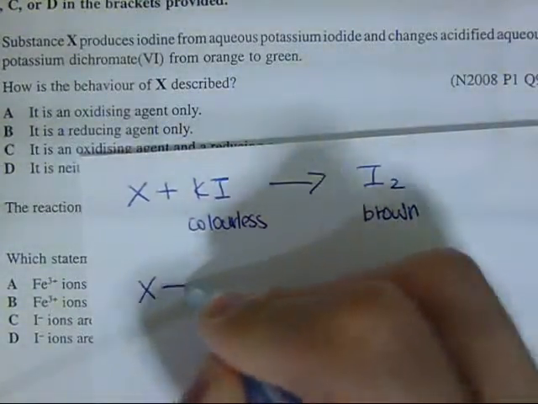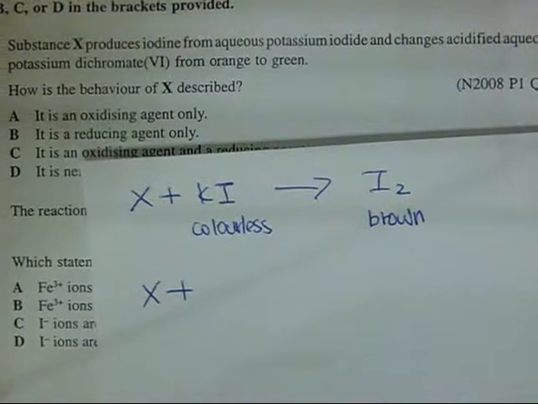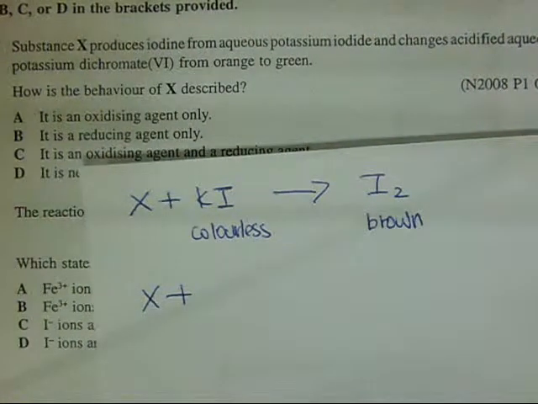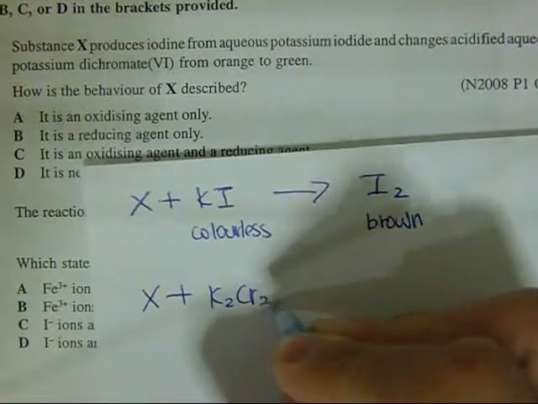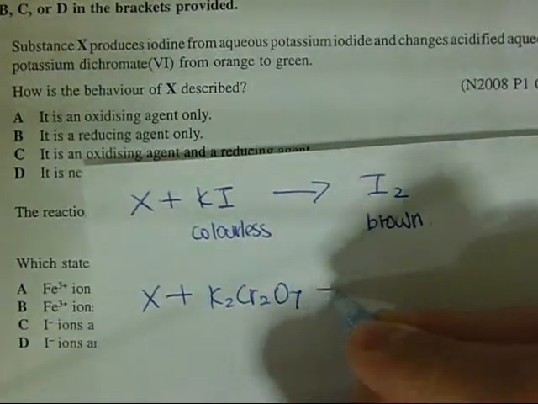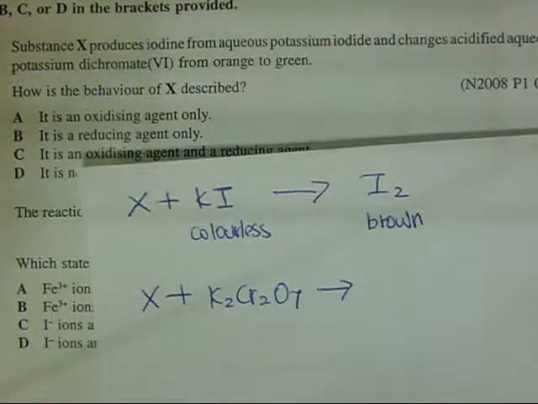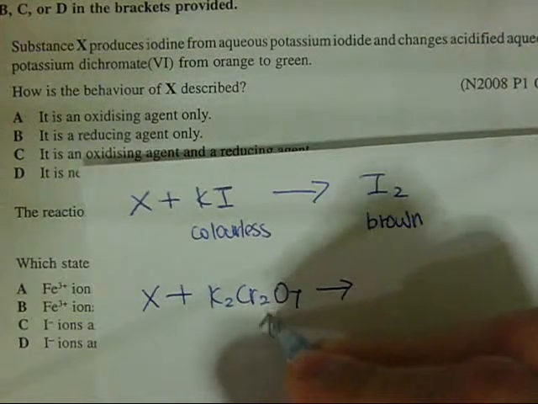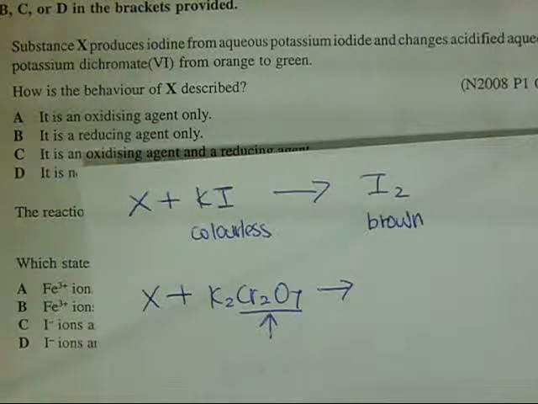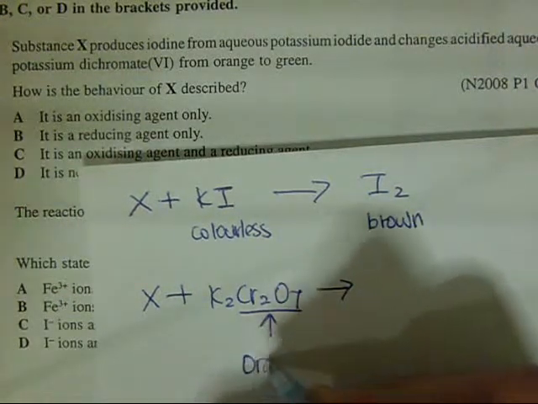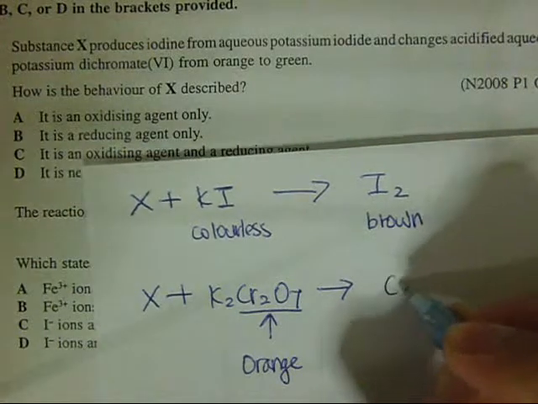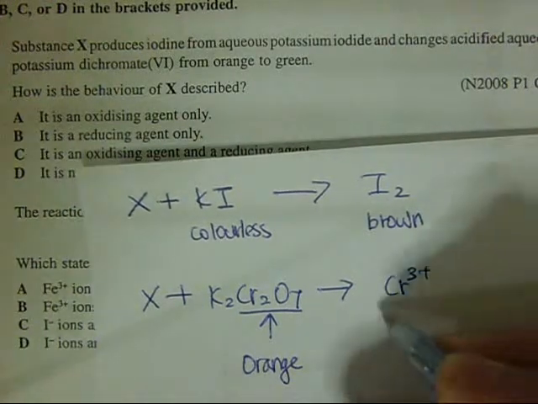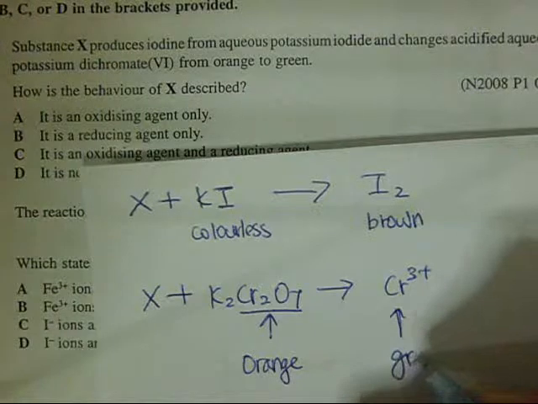And also X plus aqueous potassium dichromate(VI), which is your K2Cr2O7, and it would change from orange to green. So this ion is actually orange, and it would change to the green color, which is Cr3+. This is your green color.